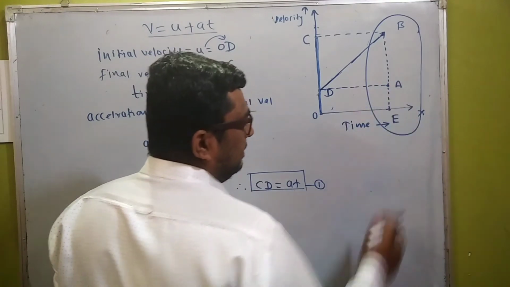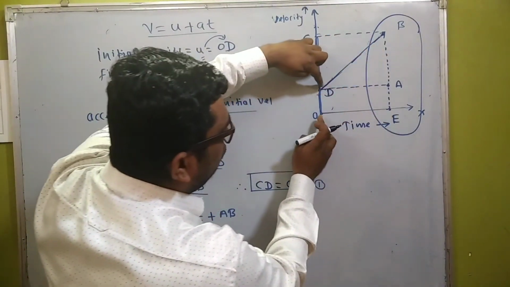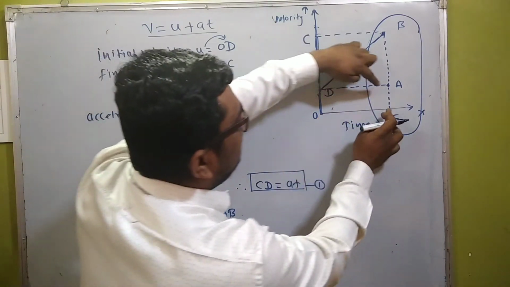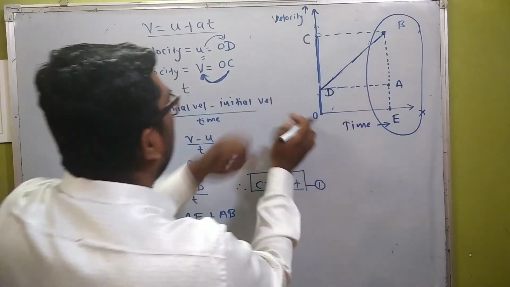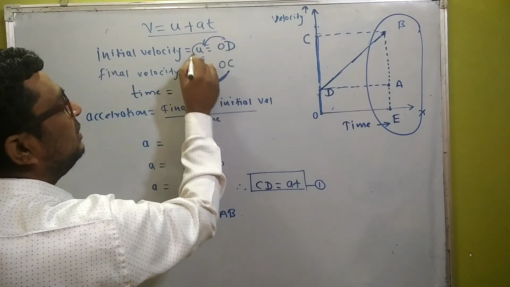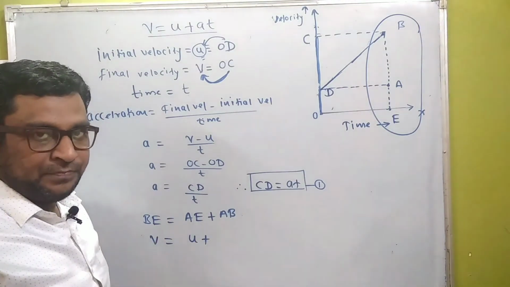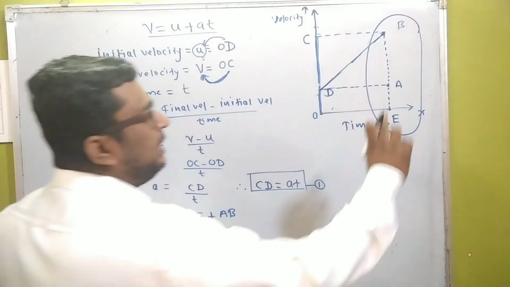Next, what about AE? This AE is nothing but this OD, and OD is the initial velocity, that is u, plus AB.